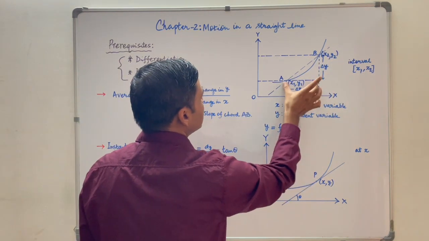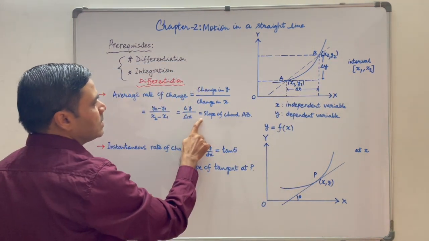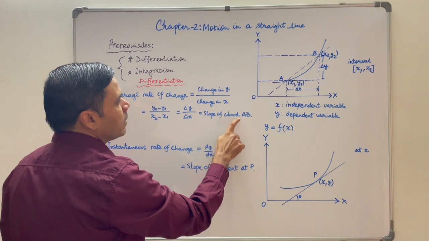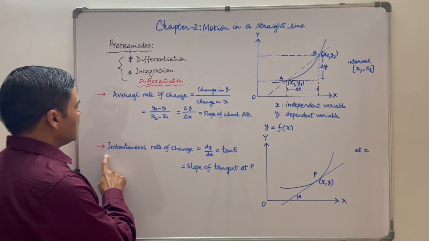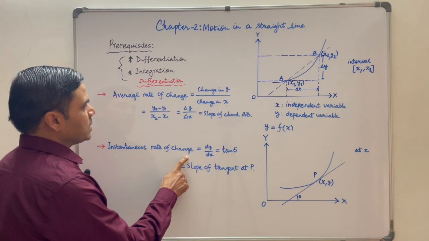This is delta y, this is delta x, and that is equal to the slope of chord AB. Second term is instantaneous rate of change.